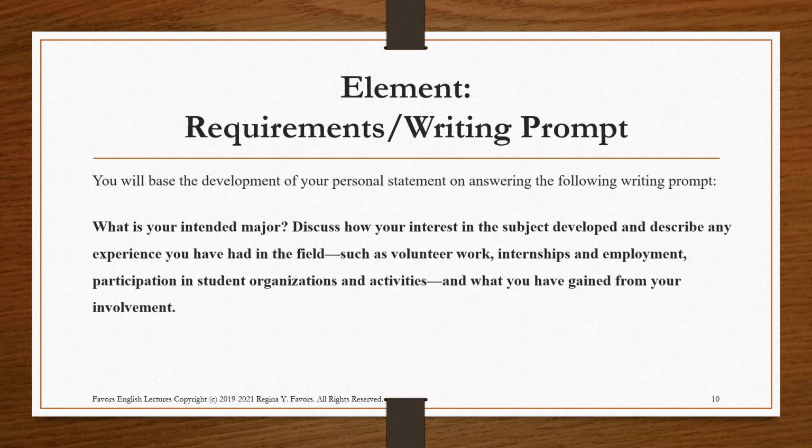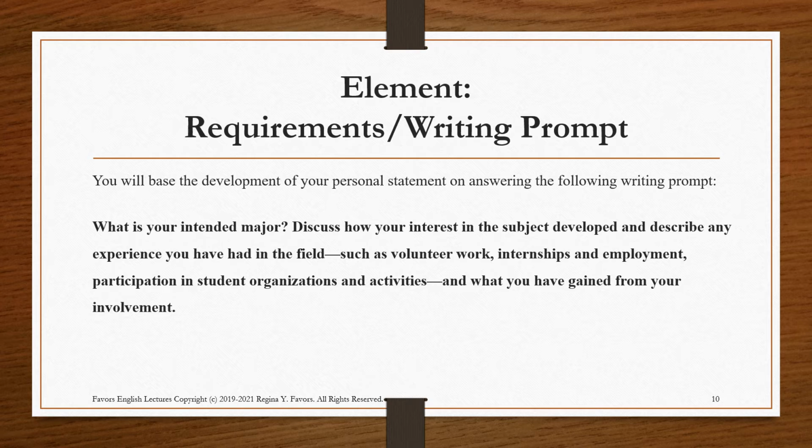Right? I also tend to place this prompt on the board and teach from it as well. I will circle particular areas, and I will also highlight particular types of experiences.